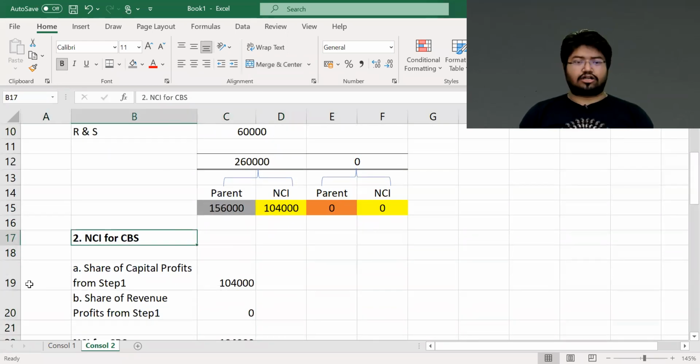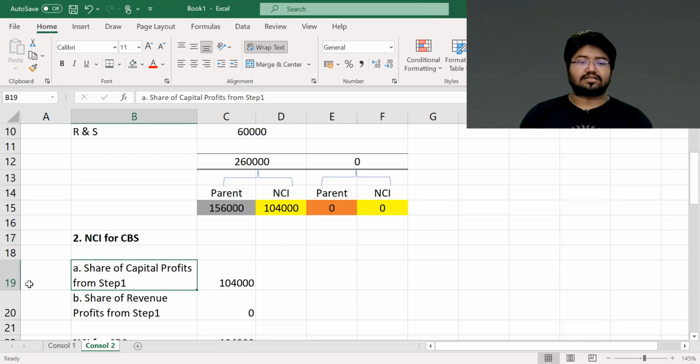Second step is non-controlling interest for CBS. In that, there are two things which you are supposed to take. One is share of capital profits from step 1. Second is share of revenue profits from step 1. Share of capital profits is 1,04,000. Share of revenue profits is 0.